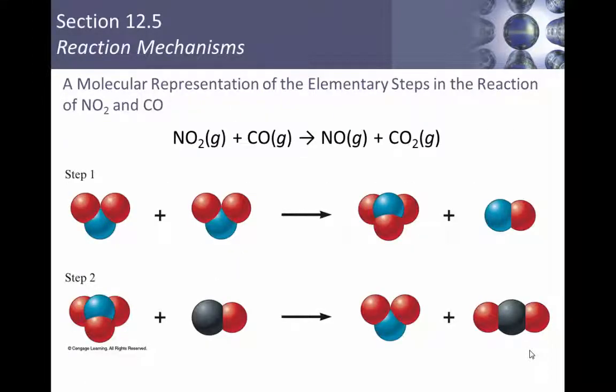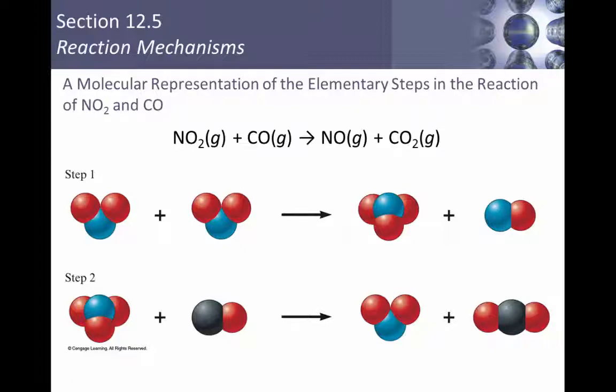Okay, a little technical glitch there. So we have NO2 reacting with CO to produce NO and CO2. In the first step, it looks like we've got NO2 reacting with NO2, and then it's forming NO3 and NO, sorry.